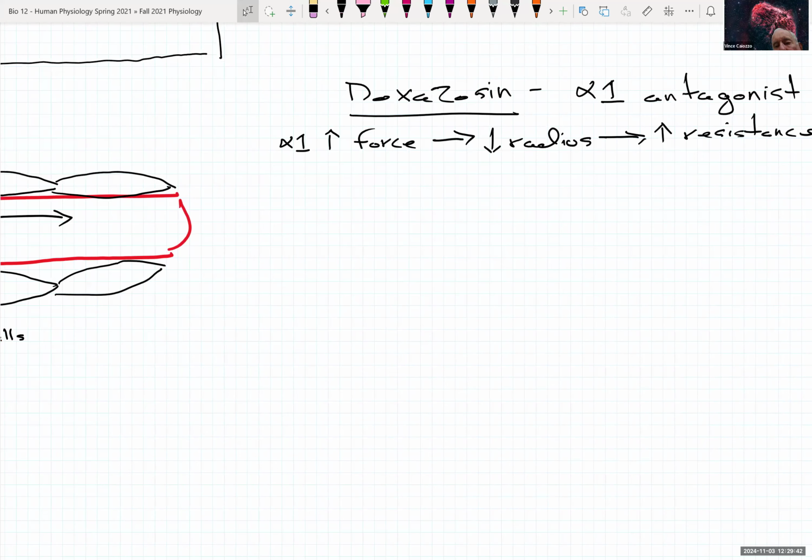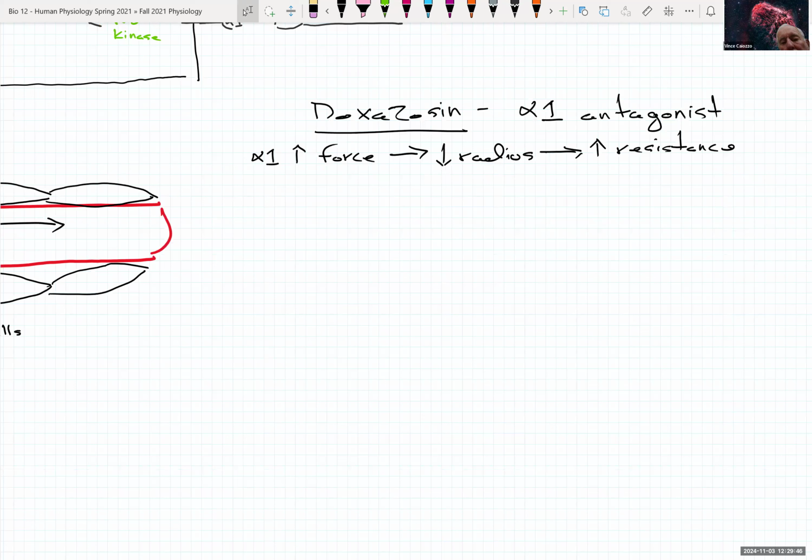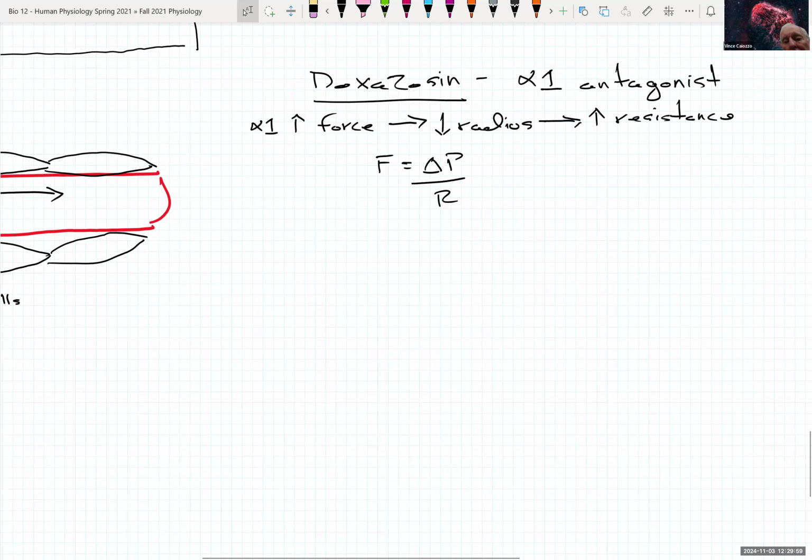So let's place this in the context of blood pressure. You've been exposed to Ohm's law. Ohm's law says that the flow rate is equal to delta P divided by R. Let's rearrange this equation to solve for pressure. So pressure is equal to the flow rate times resistance.